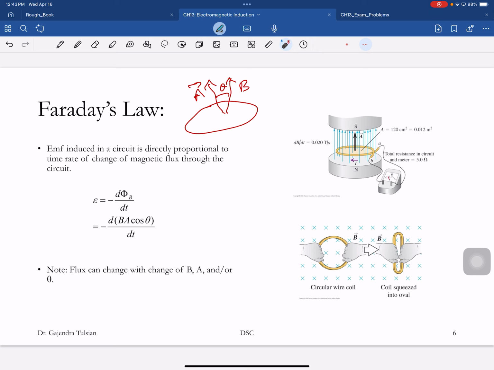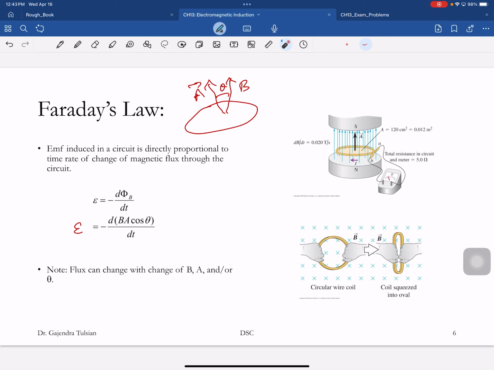All right, so let's make sure we understand this equation. The induced EMF is the time rate of change of BA cosine theta. So you're inducing an EMF in your circuit as long as this right-hand side is not zero.